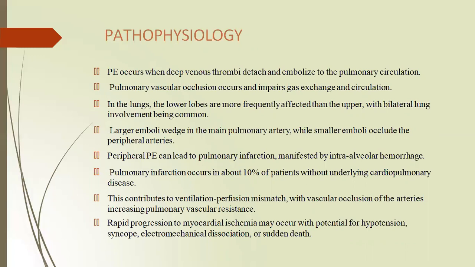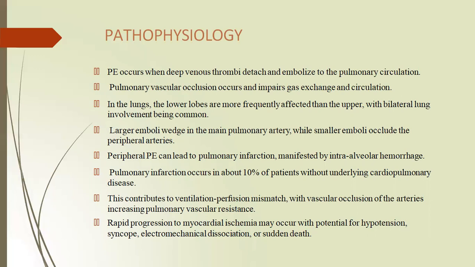Larger emboli wedge in the main pulmonary artery, while smaller emboli occlude the peripheral arteries. Peripheral pulmonary embolism can lead to pulmonary infarction manifested by intra-alveolar hemorrhage. Pulmonary infarction occurs in about 10% of patients without underlying cardiopulmonary disease.